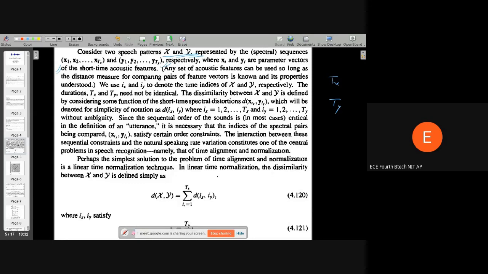So a simple strategy is, let's say, one is a 1.5 second speech signal, another is, let's say, a 2 second speech signal. Let's imagine. Similarly, the frames will be of equivalent ratio. Let's say one has 10 frames, another has 12 frames or 15 frames.